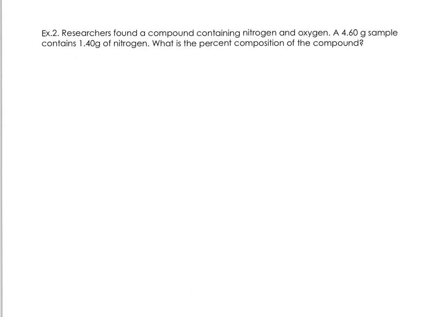Okay, example number 2. Researchers found a compound containing nitrogen and oxygen. You have a 4.60 gram sample containing 1.40 grams of nitrogen. What's the percent composition? So we have a sample that's 4.6.